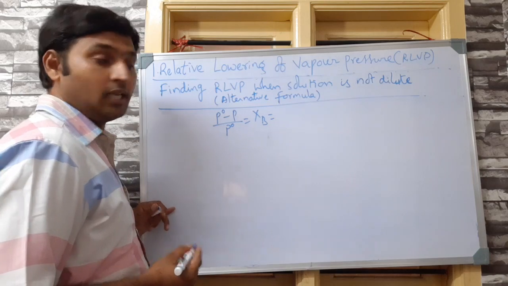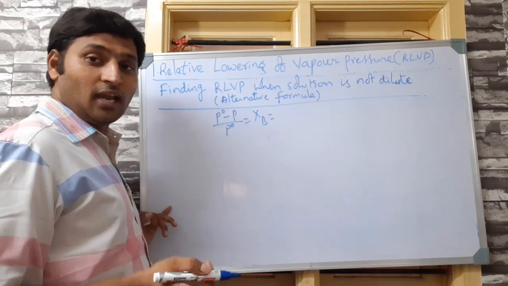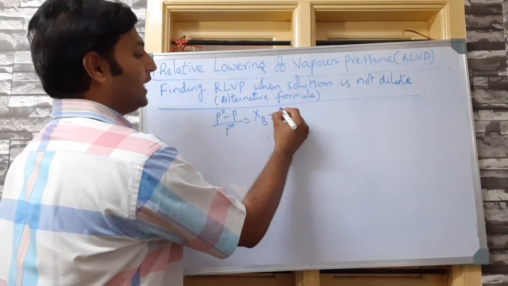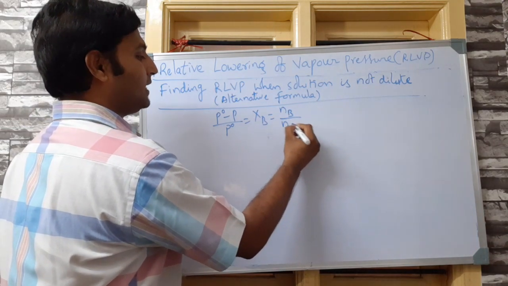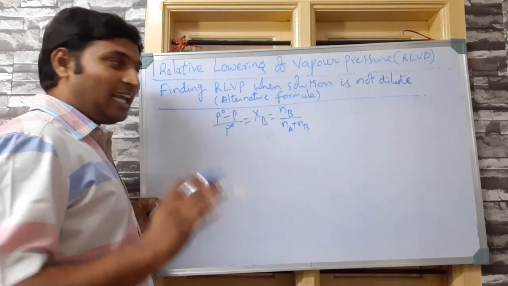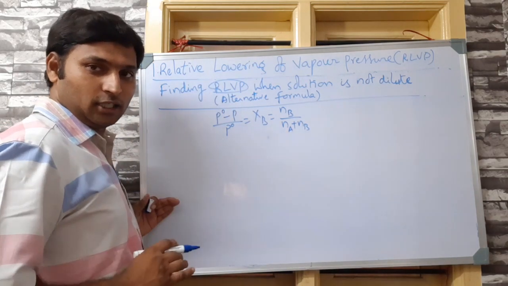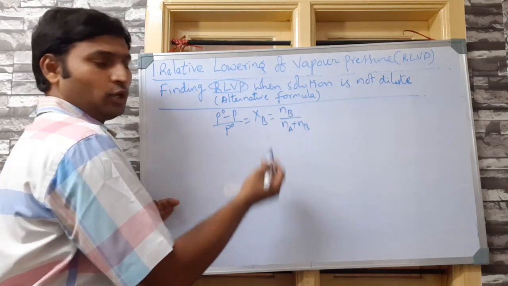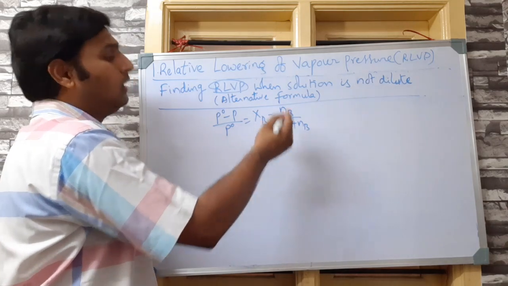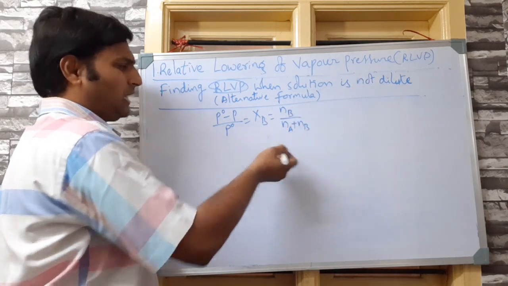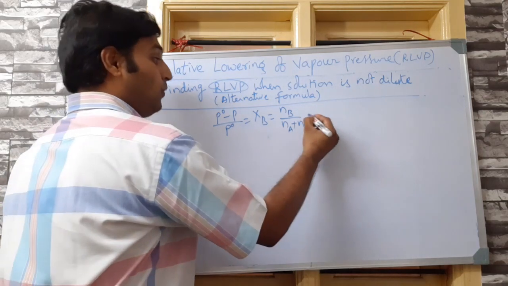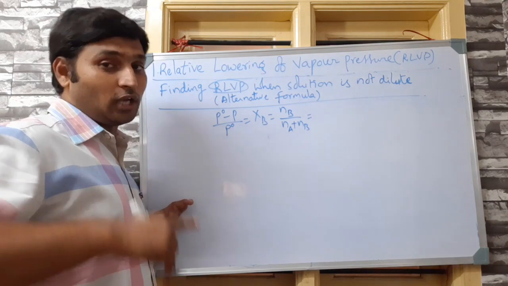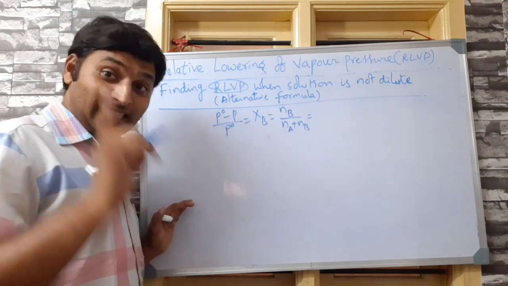If it is not a dilute solution, I cannot take Na plus Nb as almost equal to Na. That's why I should retain it as Nb by Na plus Nb. See, if it is only finding RLVP, not an issue. Please understand that. You will find the number of moles of solute, the number of moles of solvent, then add them and take the ratio, not an issue. Whereas if you have to find the weight of solute or weight of solvent from it, or the molar mass of solute or molar mass of solvent from it, then it will be very tricky.